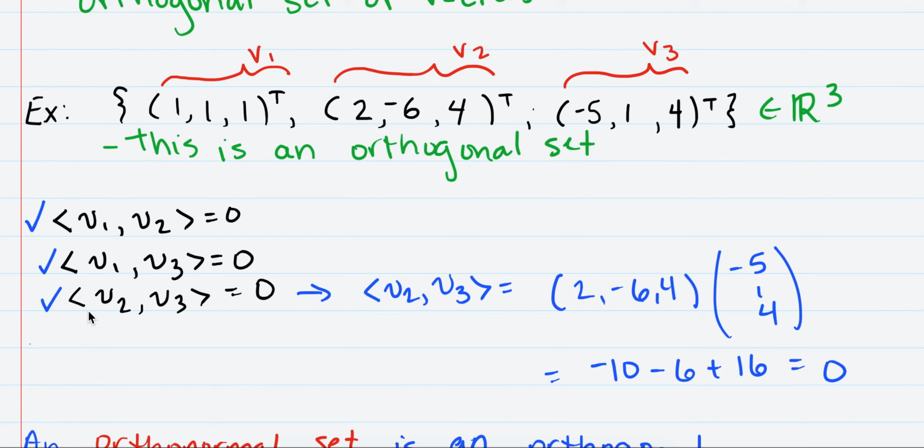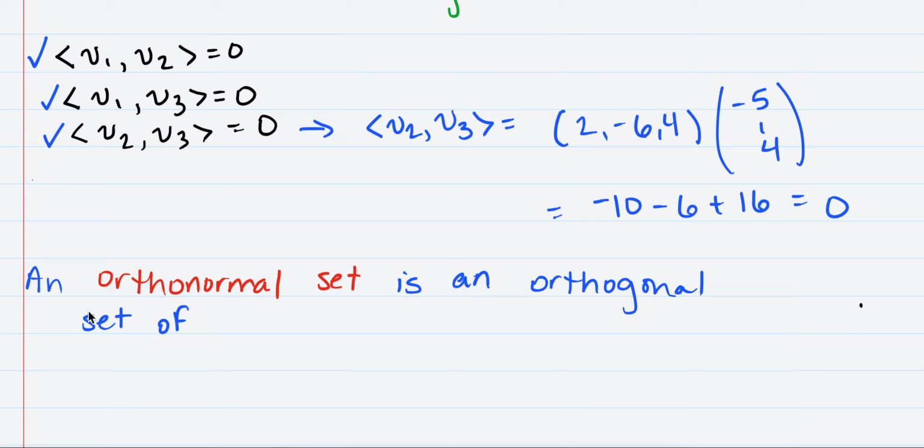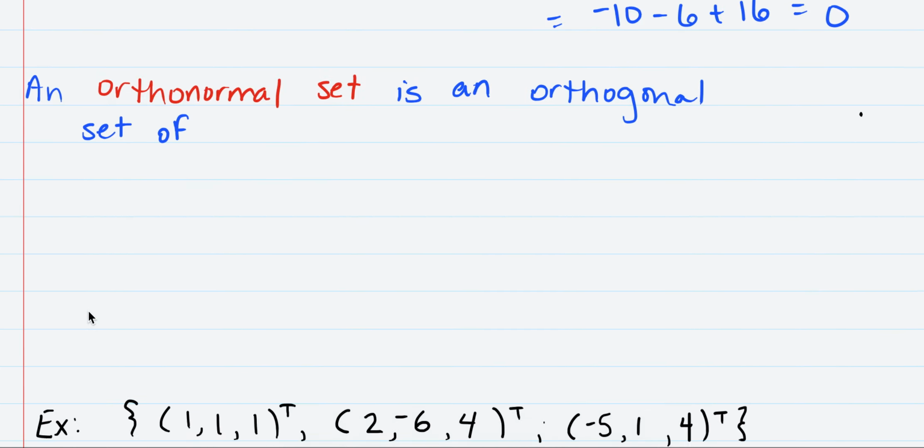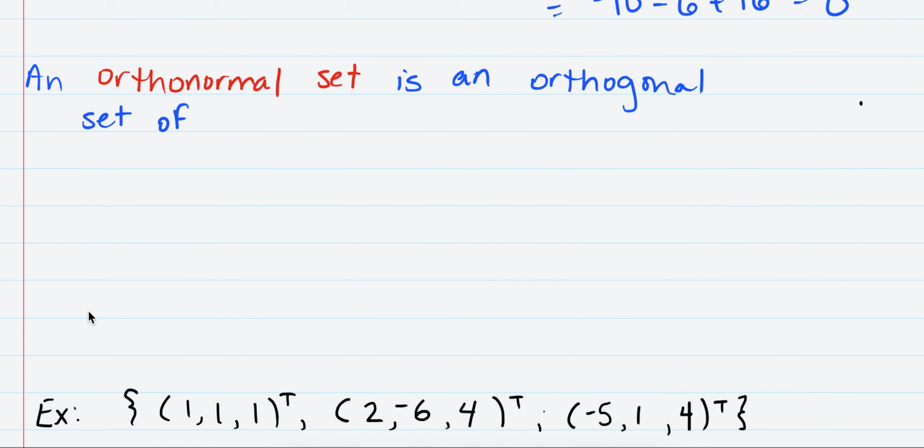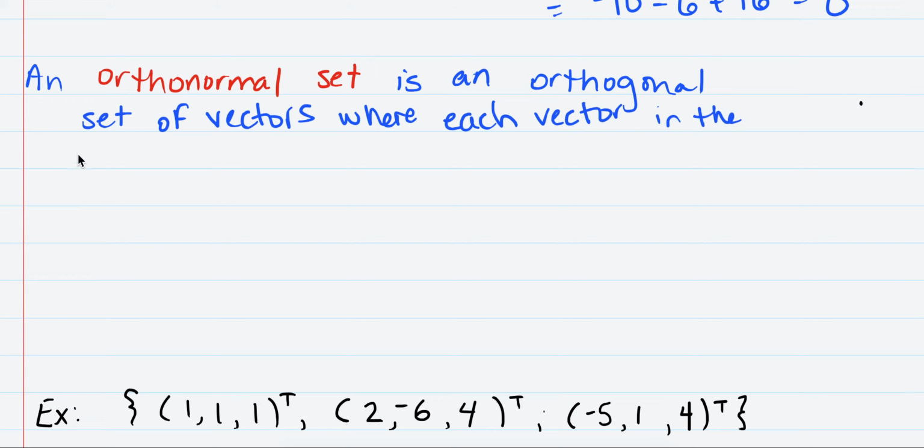Now we can take this one step further. An orthonormal set of vectors is an orthogonal set of vectors where each vector in the set is a unit vector, meaning that it has length 1.